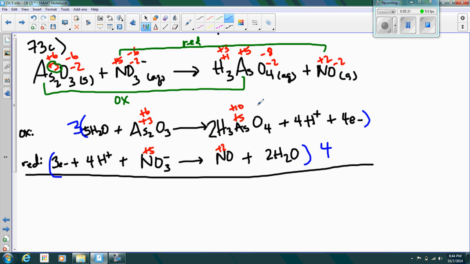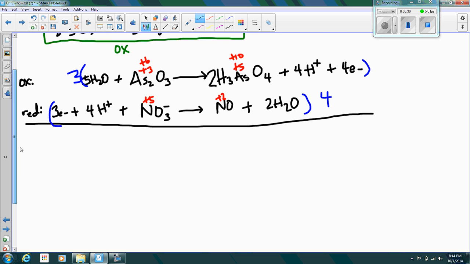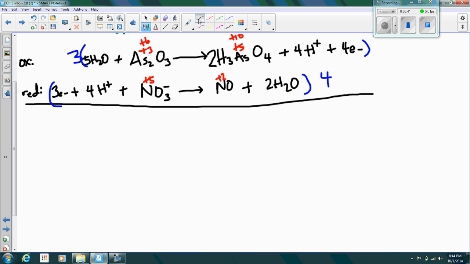So I am going to show you how it might be helpful for some of you to rewrite equations when we are doing a lot of multiplying through. So I'm just going to multiply this through. I will have 15 water. I will have 3 of my arsenic oxide.